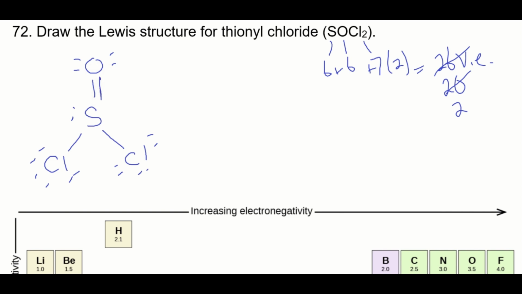Alright, now if we check the formal charges, oxygen has a formal charge of 0. The chlorines have a formal charge of 0, because they have 7 valence electrons in the neutral, minus the 6 electrons they have in the lone pairs, and then the 1 from each shared with the sulfur.